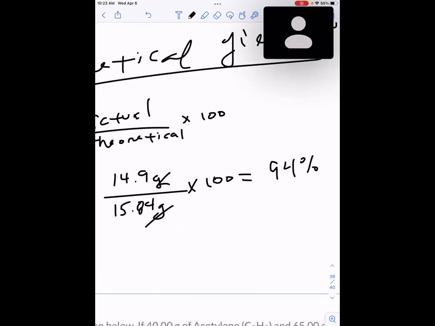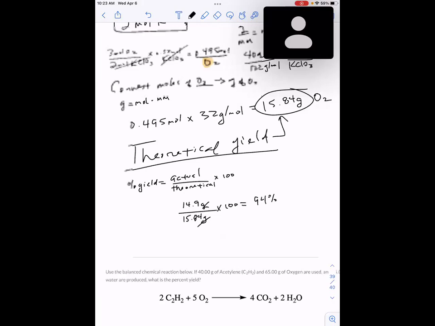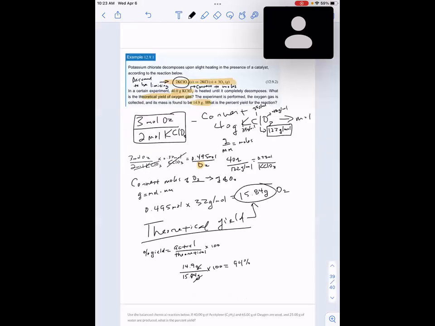So again, in order to calculate the percent yield, we need to first find the theoretical yield. And we always base the theoretical yield on the limiting reactant, right? So the limiting reactant is going to control the amount of product that I get. When it runs out, that's the end of it, right?